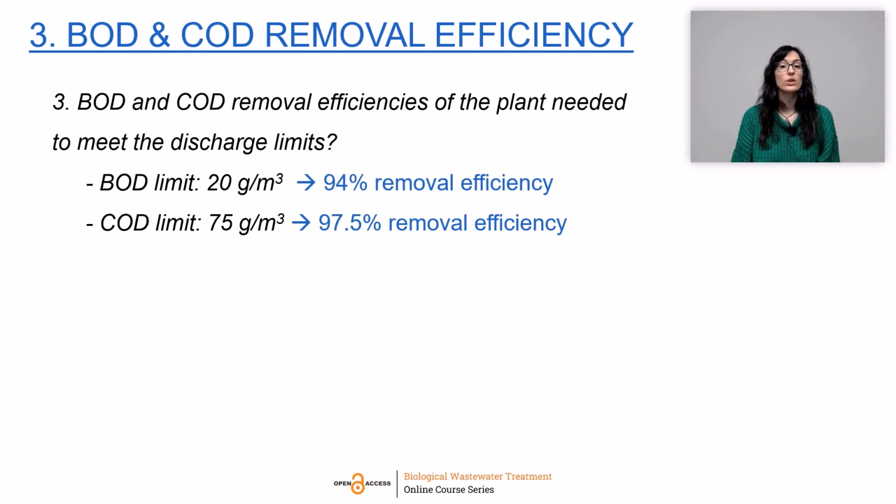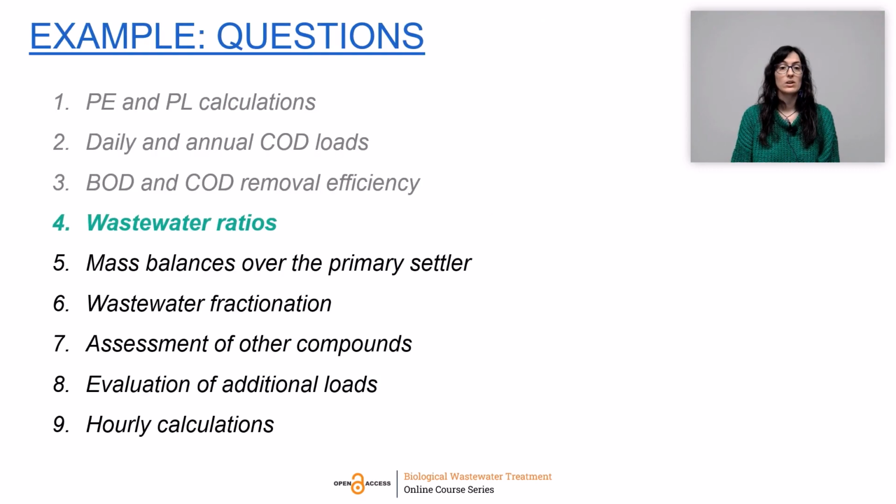If we go back to the question with the provided information on the influent concentrations and the discharge limits, we were able to determine what are the needed removal efficiencies. So at this point, we have answered 3 questions, and let's move now into the next one about wastewater ratios.